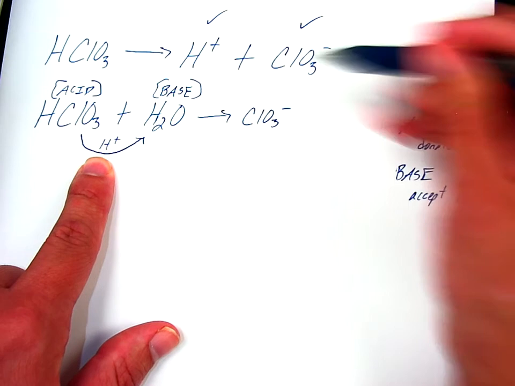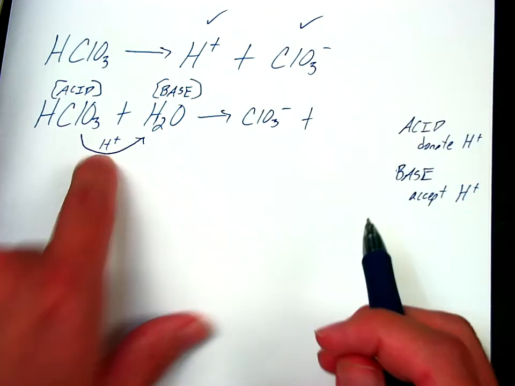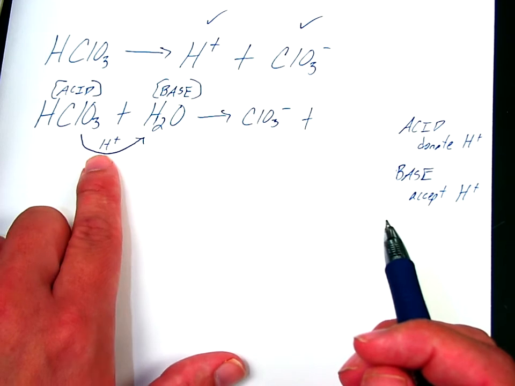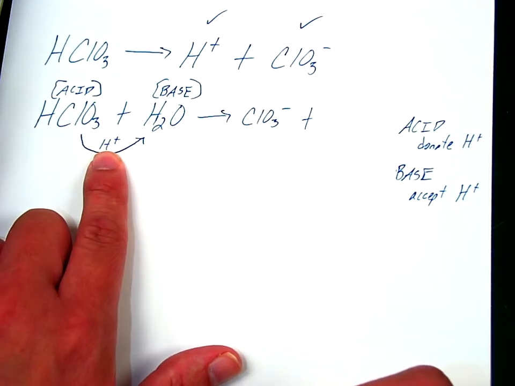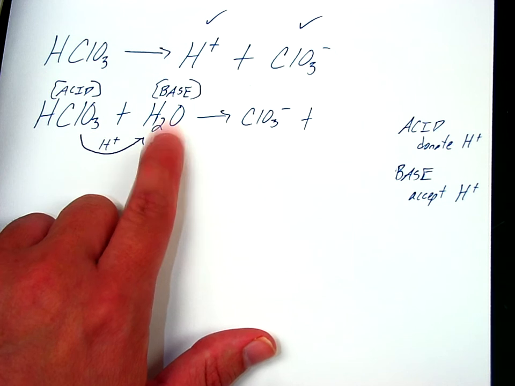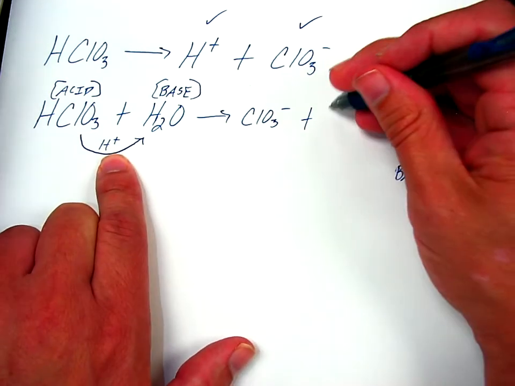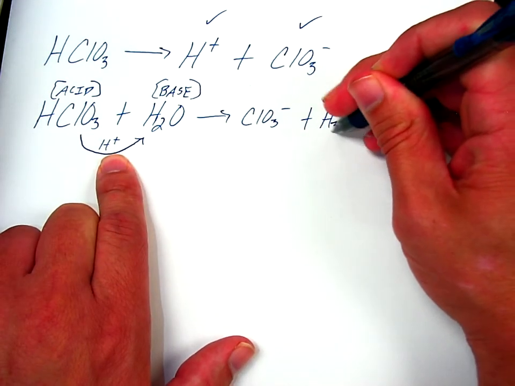This guy here, same thing. However, instead of my free-floating H ions, look what happens here. The H plus is accepted by the base. So my water is actually going to accept this extra hydrogen, so let's give it to him.